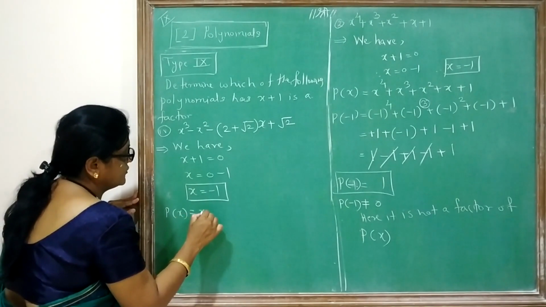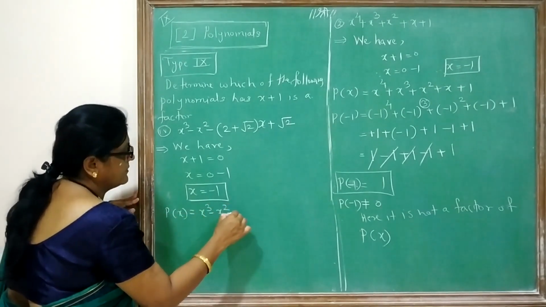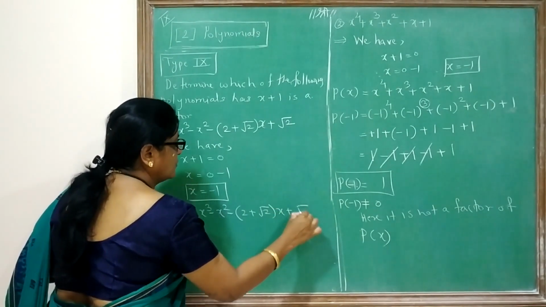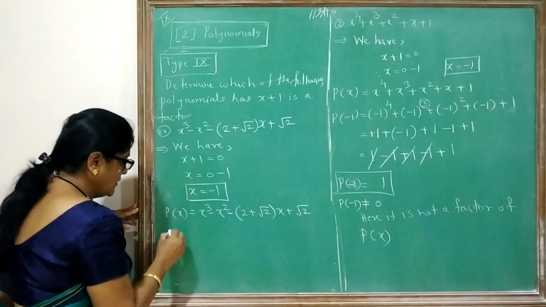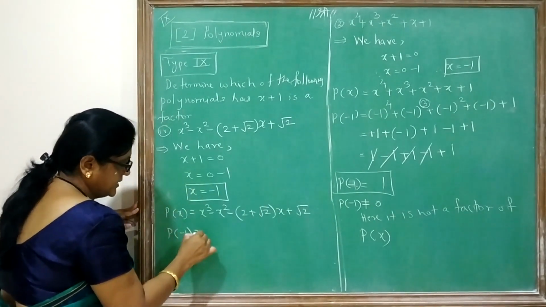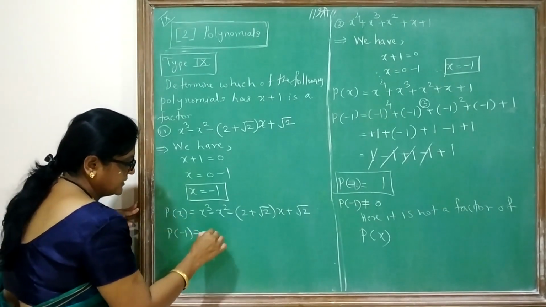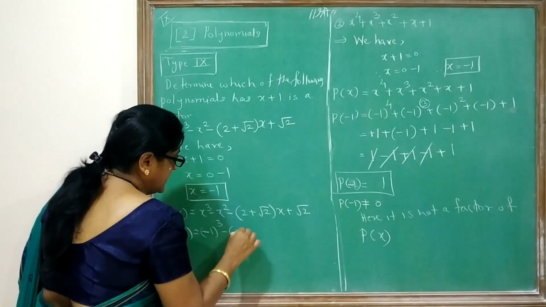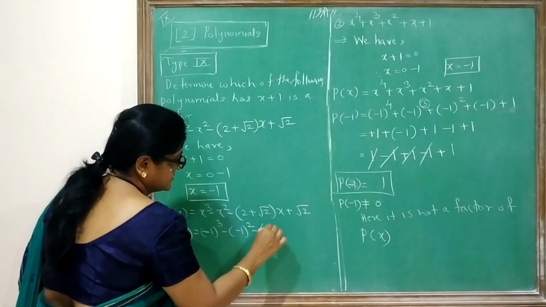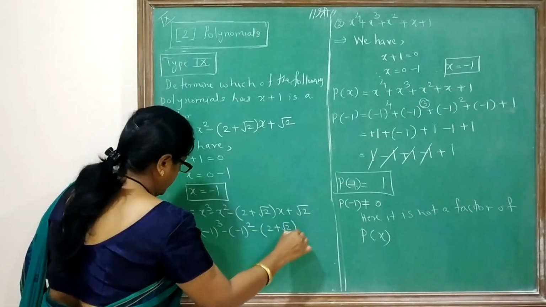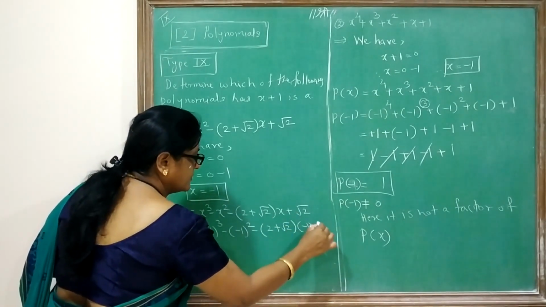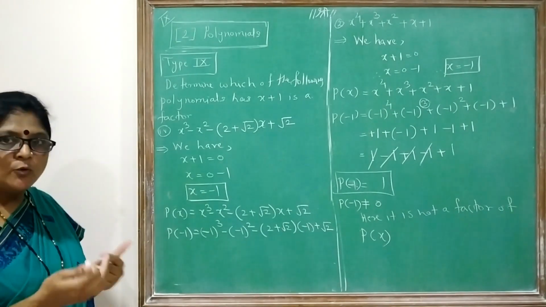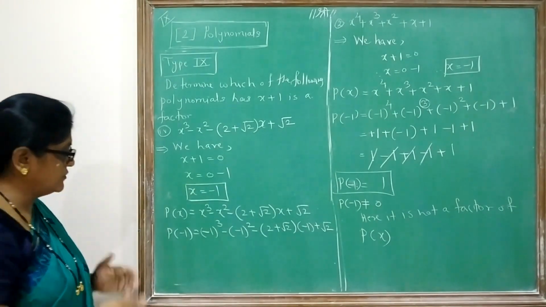p of x equal to x cube minus x square minus (2 plus root 2) into x plus root 2. And p of minus 1: we will put x as minus 1, that is minus 1 whole bracket cube, then minus 1 whole bracket square, minus (2 plus root 2) into minus 1, plus root 2. Means in x place we will put the value of x, that is minus 1.